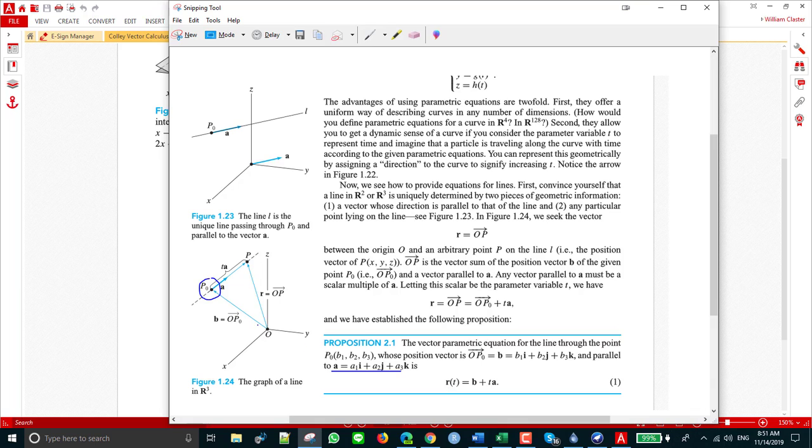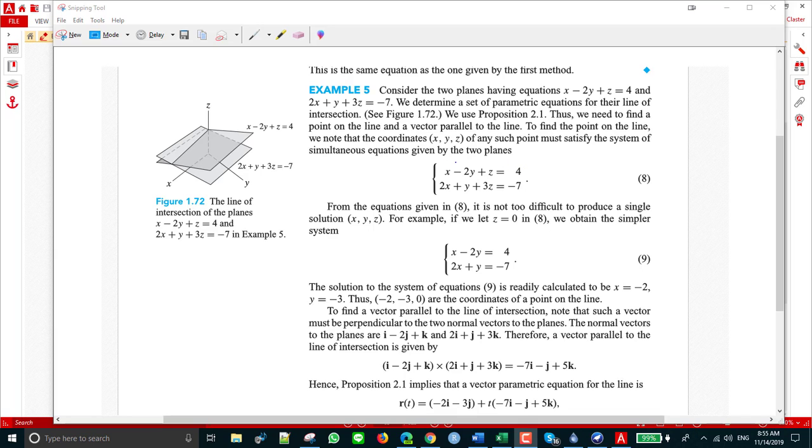So r of t is equal to B plus tA. So we did that before, and we called it the vector parametric equation for the line through the point P and parallel to A.